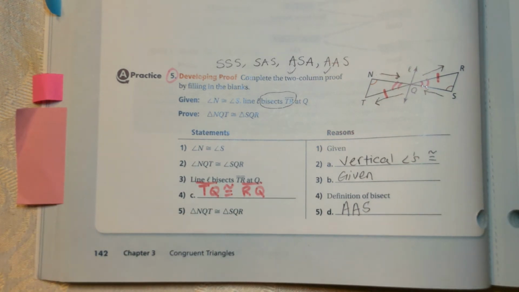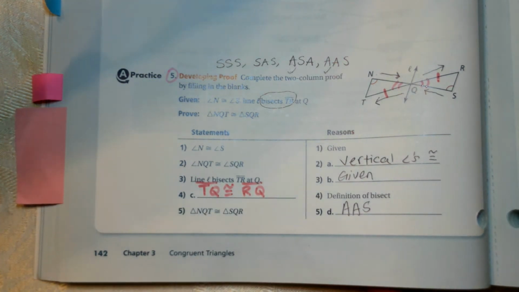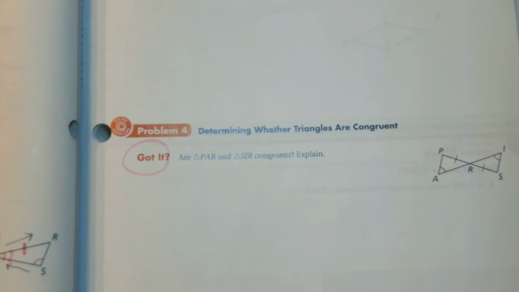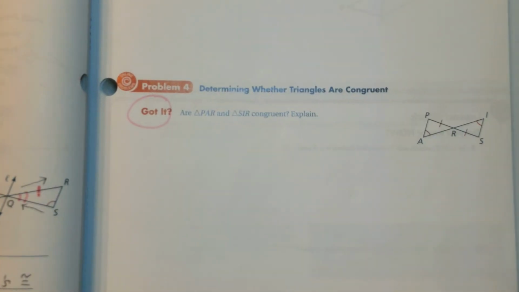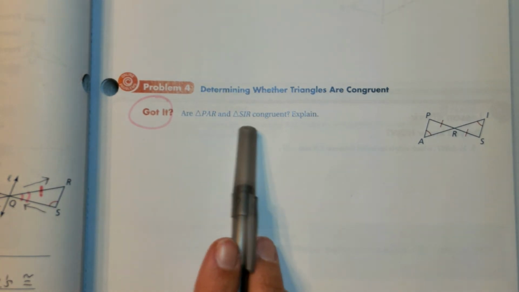Okay, pause if you need to, but I'm going to go to the next problem, which is on page 143. We're just going to look at this one real quick. There's a lot of space to answer this problem, but it doesn't take that much to explain it. All right, so it says triangle PAR and SI are congruent.